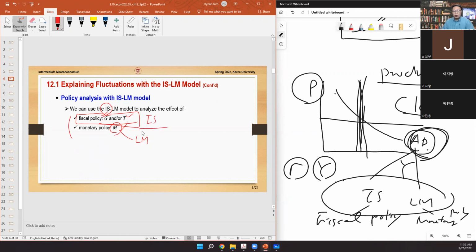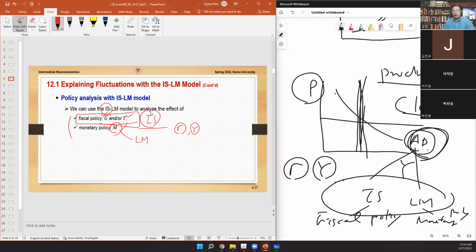That's why IS-LM initially looks like two distinct markets: this is the money market and this is the goods market, but they share the same variables, R and Y. That's why you can make a channel between them. When the government exercises fiscal policy, technically it makes an impact on the IS curve first.